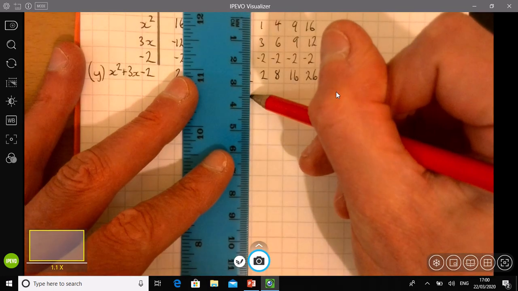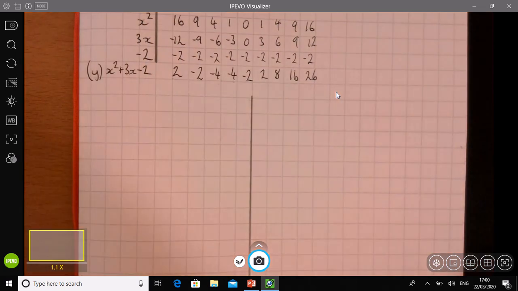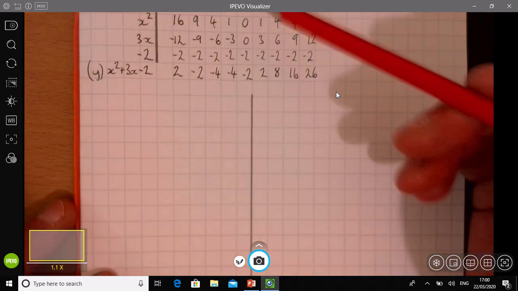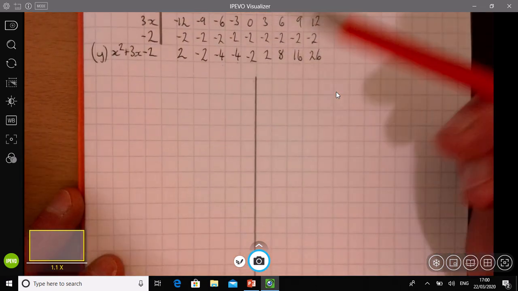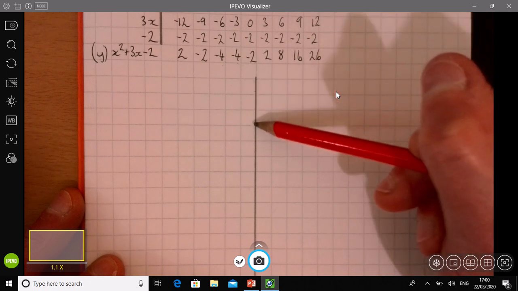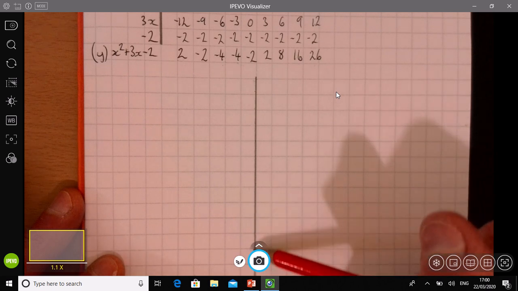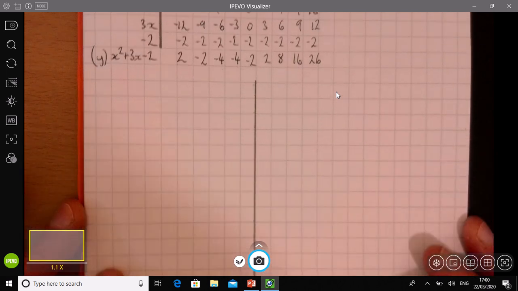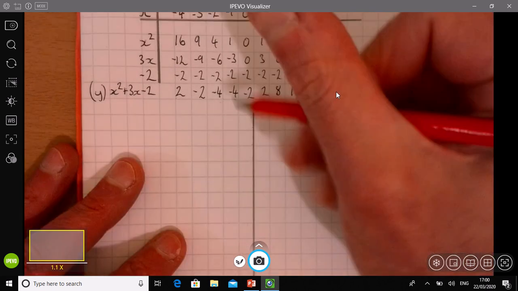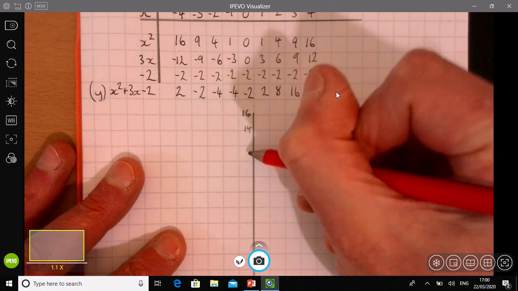Okay, so I'm just going to put our y-axis down. I'm just going to have a little look first of all just to see what numbers I need to go in. Will I fit in? Because I haven't got much space at the bottom of my page. So if I were to start 16, 15, 14, 13, 12, 11, 10, 9, 8, 7, 6, 5, 4, 3. So I'm not going to quite fit that in. So what I'm going to do instead is I'm just going to go in 2s, okay? So I'm going to go 16, 14.